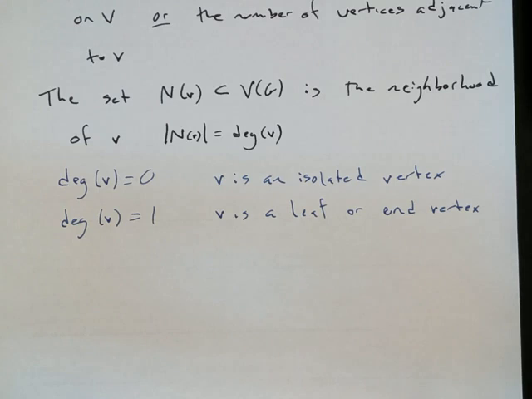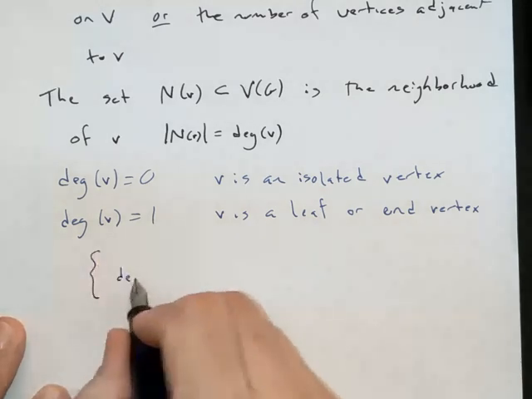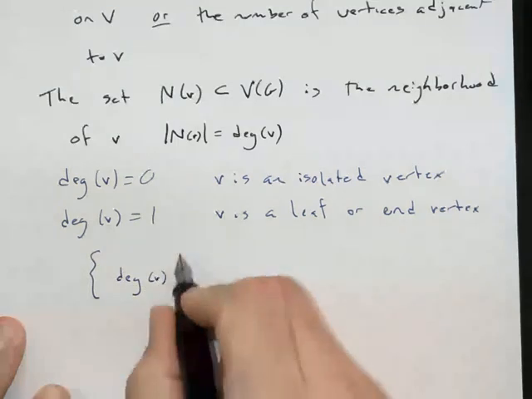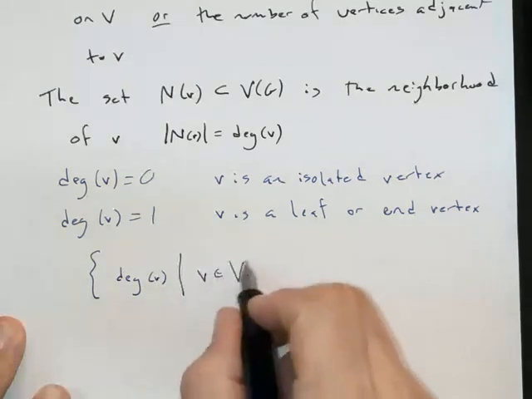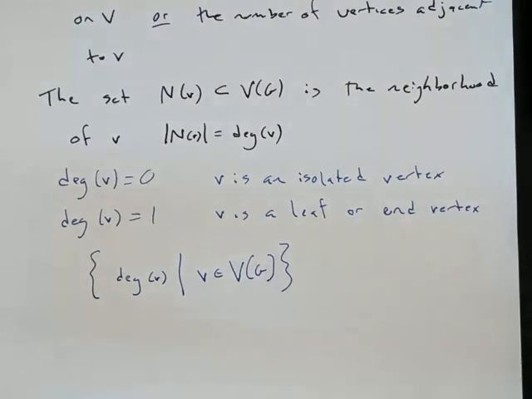If something is connected to everything else, that's as big as we can get. This set contains its supremum and infimum. It's got a maximum and a minimum.